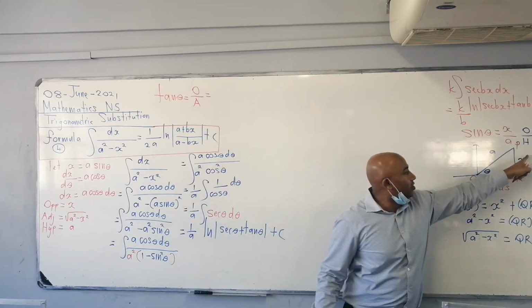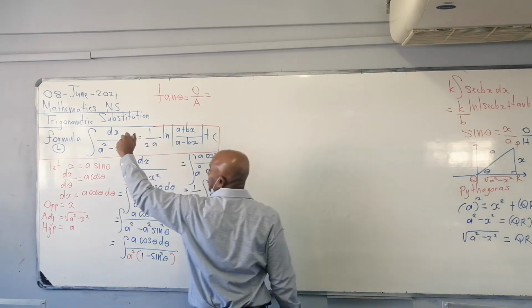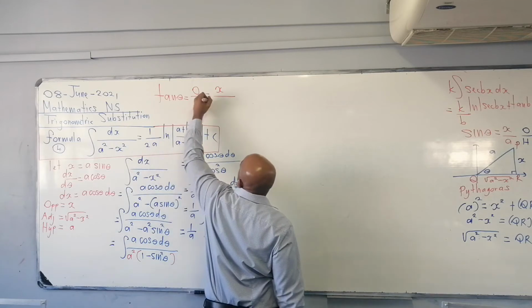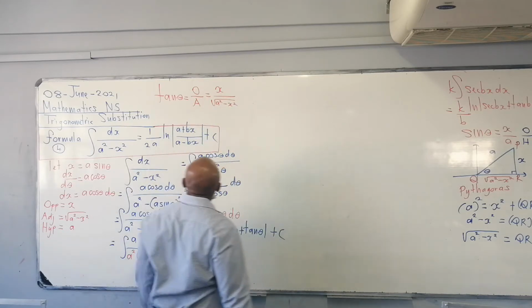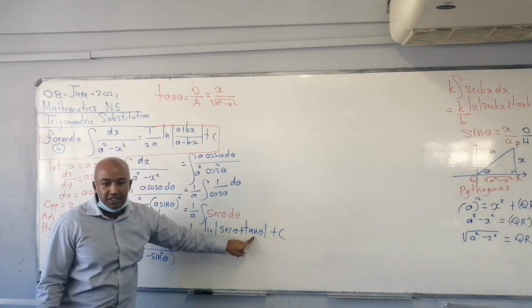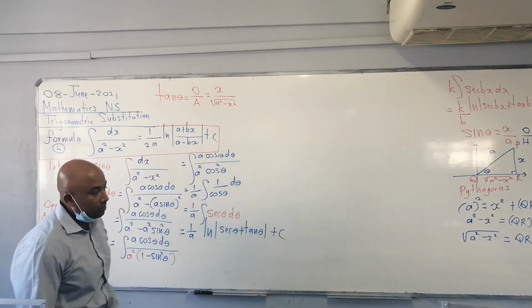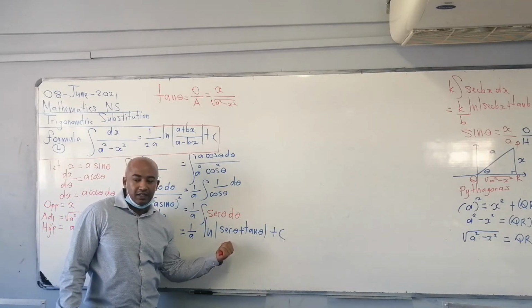Same thing, just that I wrote it down nicely there. So my opposite side is x and adjacent is the square root of a squared minus x squared. I now have a substitution for tan theta back in terms of x here. Can you see that? Now I need a substitution for sec.